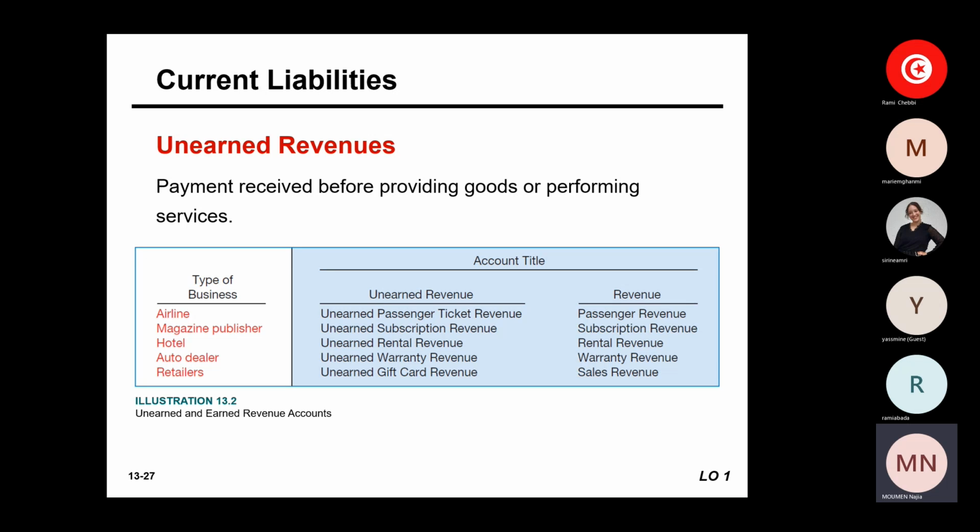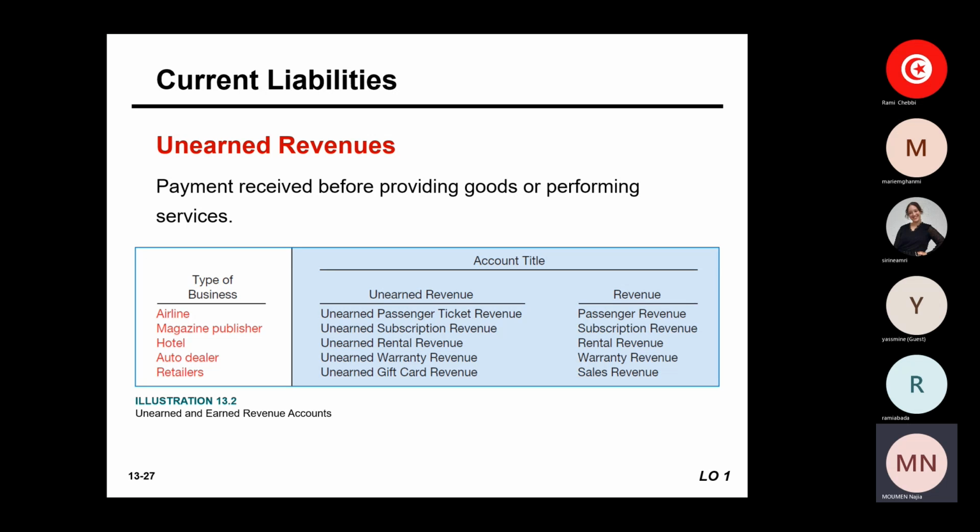You will take the plane next month, so you purchase a ticket now. Purchasing that ticket creates unearned revenue for the airline, because they are collecting money before performing a service. So they are not allowed to report it as revenue. They should report it as unearned revenue. Other examples are unearned subscription revenue, unearned rental revenue, and unearned warranty revenue. All of these are current liabilities.